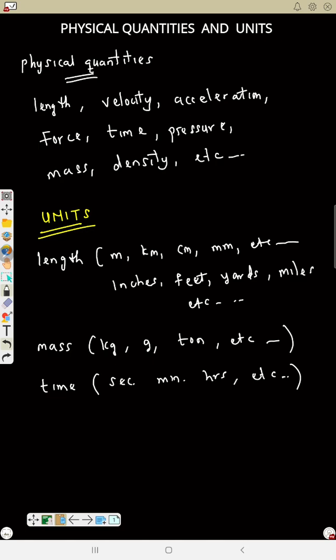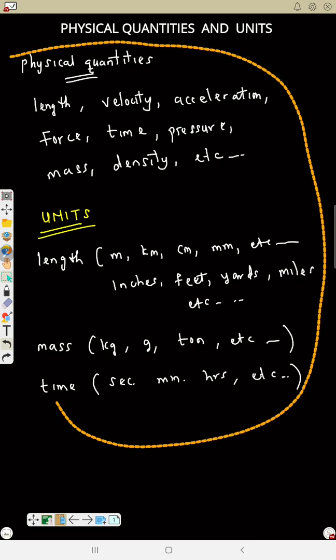So now we have types of physical quantities. I'll talk about three types, just in brief. So let me clear the canvas. Types of physical quantities. We have one, fundamental quantity.